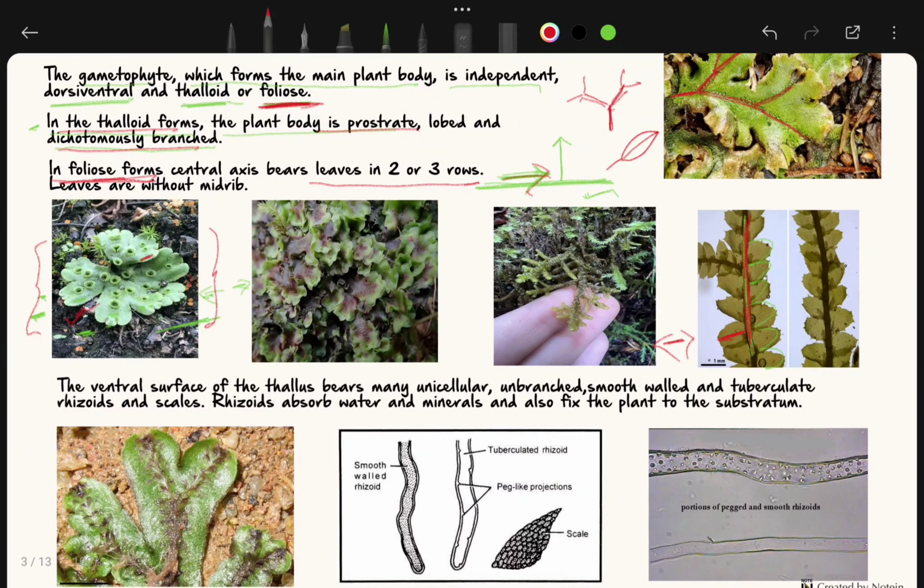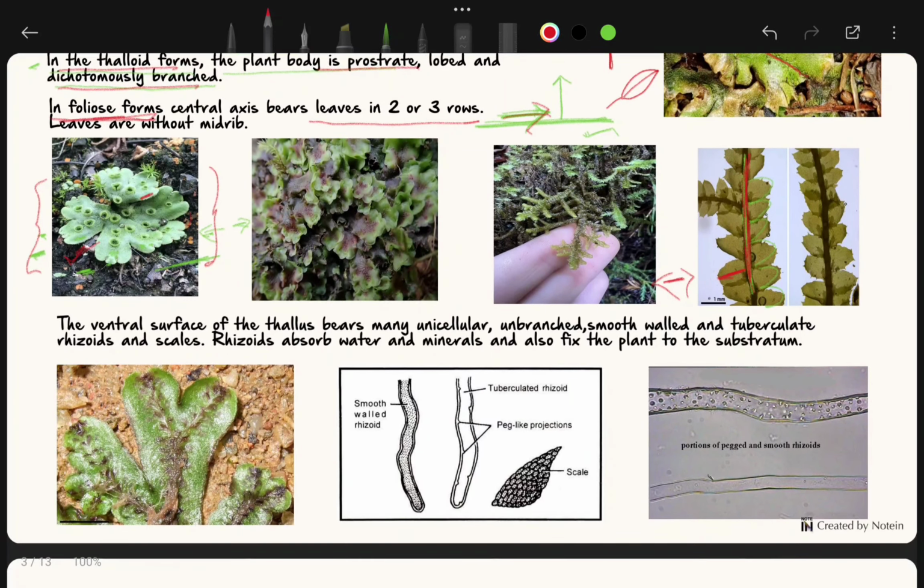Now on the other surface we have the ventral side. This is the ventral side. So on the ventral side you will find hair-like structures. These hair-like structures that you see here are known as rhizoids.